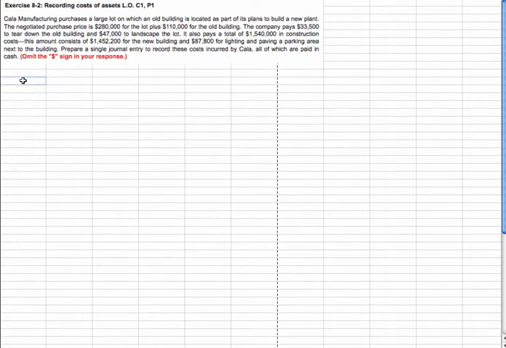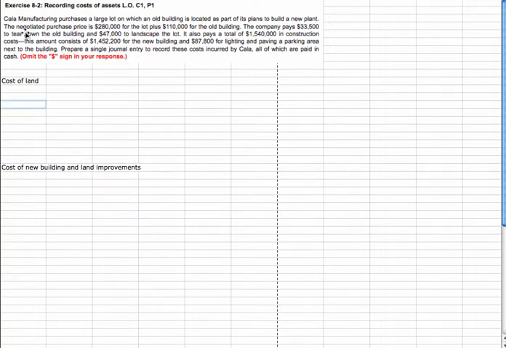So what we have to do is determine the cost of the land. We have to determine the cost of the building. And the land improvements. Okay, those are the things we have to do.